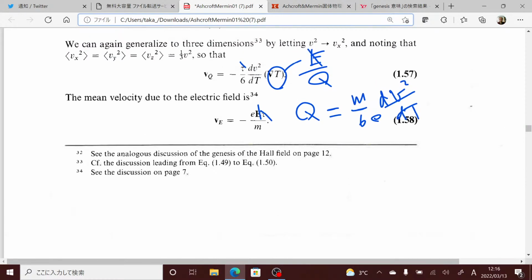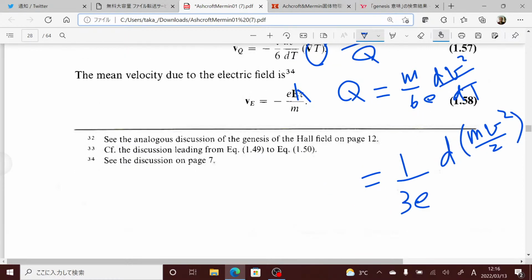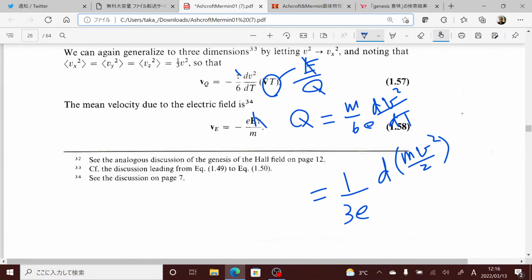We will put the 6 upstairs. This is like 1 over 3e times d/dT of m v squared divided by 2.